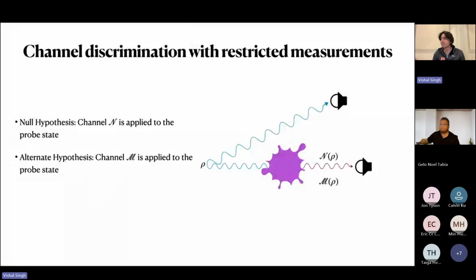Indeed, if you had some way to do a joint measurement on both of these shares of the entangled state, then you'd be able to figure out what this channel and what this channel is with very high precision. But it might not be possible to do such joint measurements. Usually your detectors are far apart, and we can only do joint measurements on very close by objects. So once again, you can share your classical outcomes, do some classical post-processing, and try to determine if the channel was N or M.